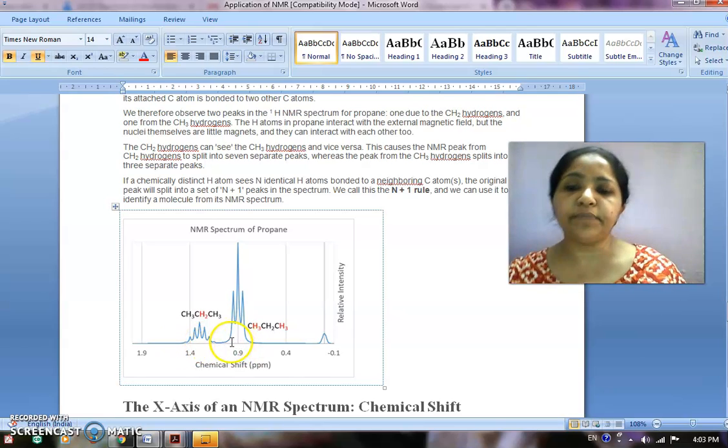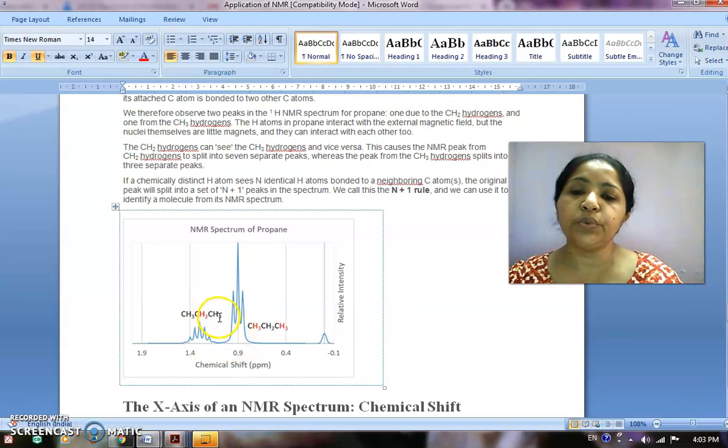Yes, it is a heptet, and this heptet is due to this H2. Its height is very less, so if you add, it will come up to 2 protons, and this height is more, so it has 6 protons. Okay, so it is due to this 2H that it is split into a triplet.